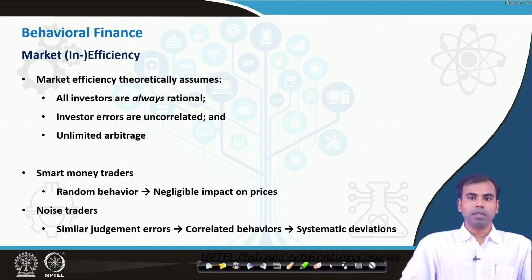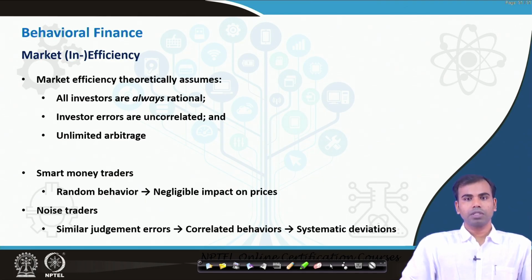Basically, it implies that when too many people behave in a similar fashion, that will push the valuation or the prices of financial securities in a particular direction, and that deviation from the standard or the normal would probably not be justified by the fundamental data.